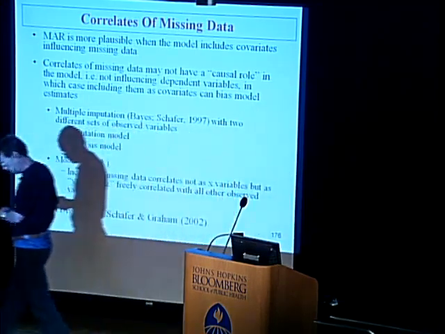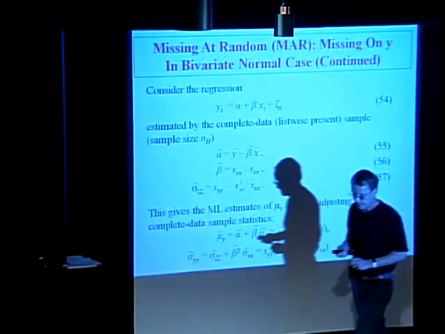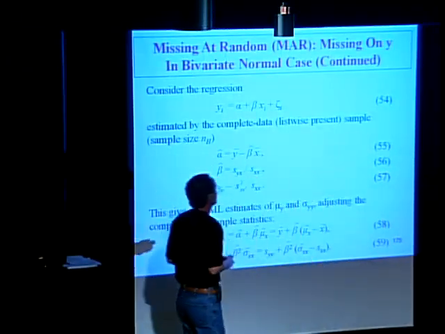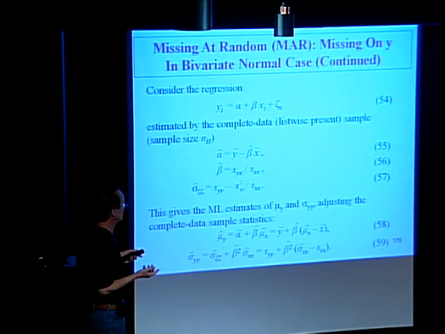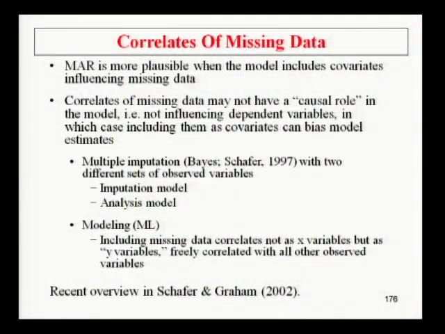You can make it more plausible by including covariates in the model that predict missing data. So in a longitudinal study, for instance, people may stay in the study longer, have less missingness if, say, they are more highly educated, older rather than younger, I don't know.